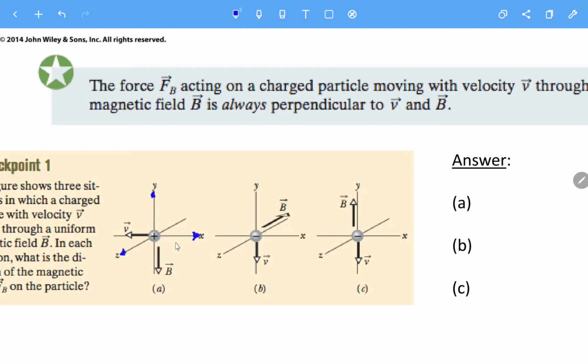Anyone can answer. Anyone want to answer? Positive z or negative z? Let me see. Oh, negative z. Any other opinion?